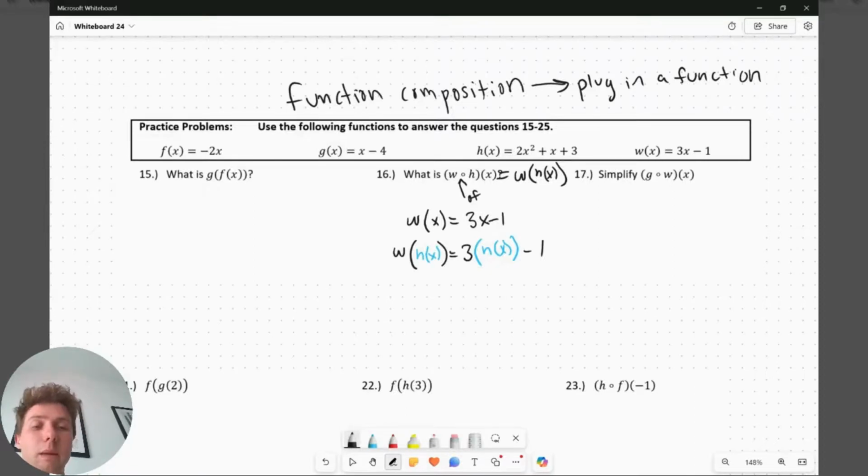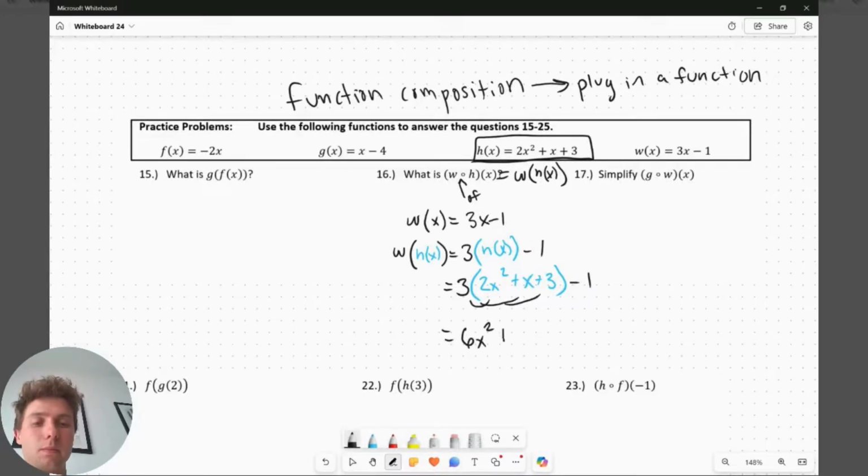I need to simplify that. Well, we know what h of x is. H of x is this function here. So instead of leaving it as h of x, I can replace it with what it's equal to. And then from there, we could simplify. We could distribute and combine our like terms. And now that problem would be done.